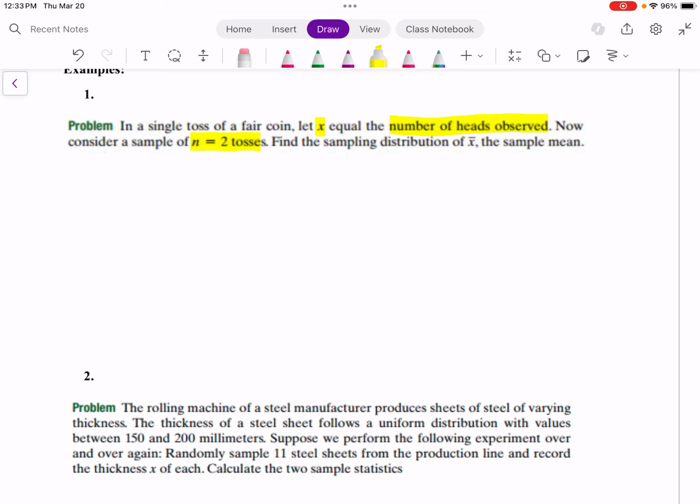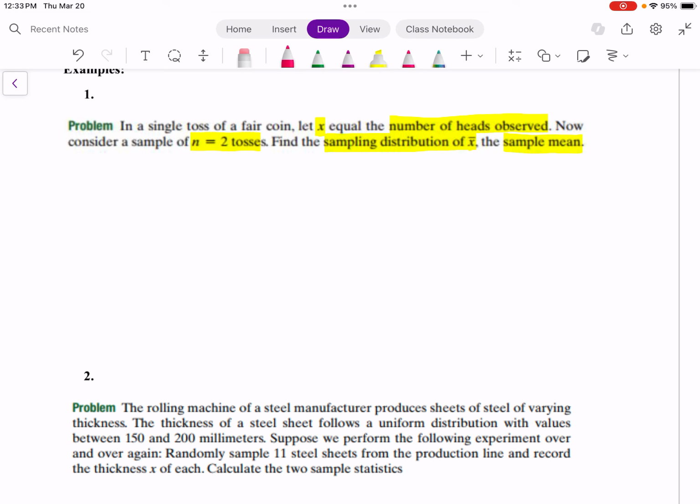So we have a fair coin, and our X represents the number of heads observed, and we toss the coin twice. Find the sampling distribution of X bar, which is the sample mean.